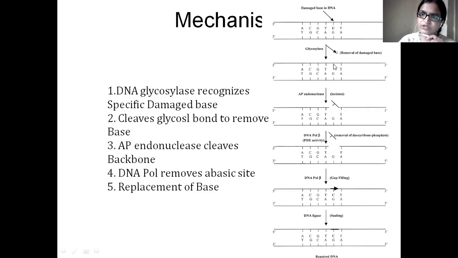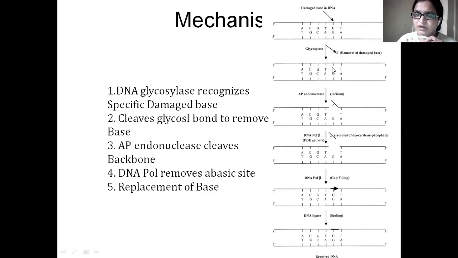For this sugar, there must be a base attached here, right? So this glycosylase is breaking the bond between the base and the sugar. Between the base and the sugar there is a glycosyl bond, and that glycosyl bond is broken by this glycosylase.